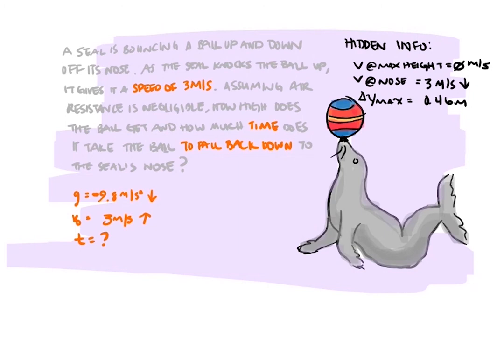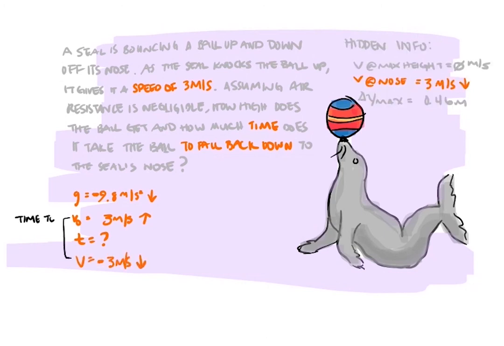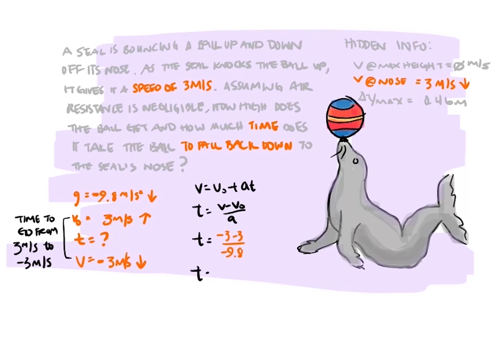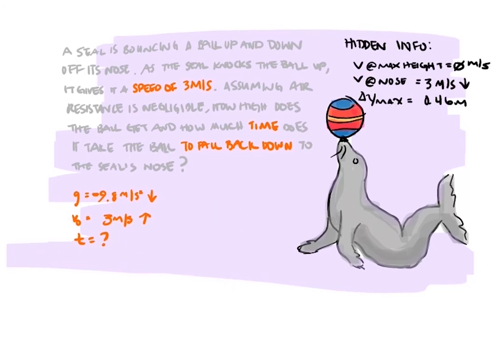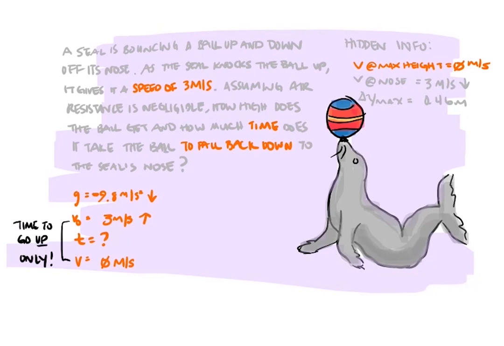Actually, all of them. Let's say that we use the final velocity of 3 meters per second downwards. Since we're looking for the time it takes for the ball to travel from the seal's nose to the seal's nose, using the final velocity of 3 meters per second downwards would give us the time we want. However, we can still use the other values to calculate time. Of course, if we use the velocity at peak height, or if we use the maximum displacement, then the time we would get is really just the time to travel upwards.